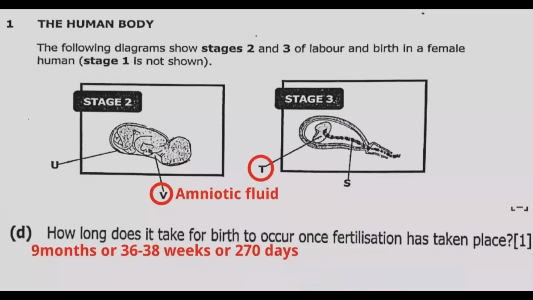So that is how long it takes for the child to be born. It should be 9 months.